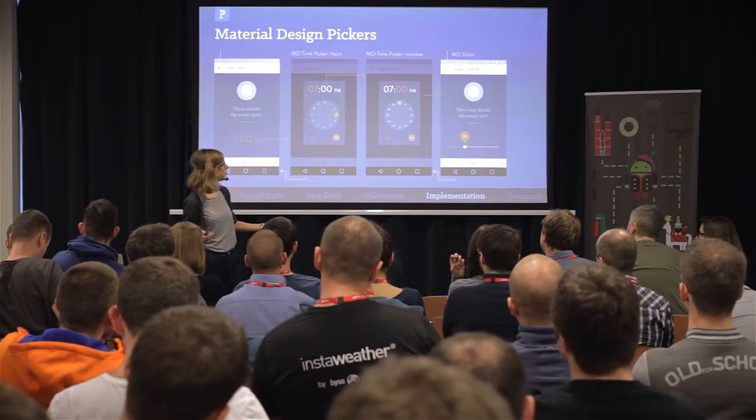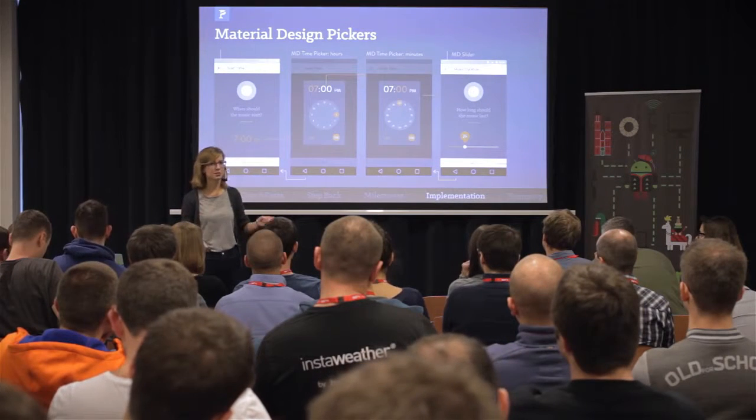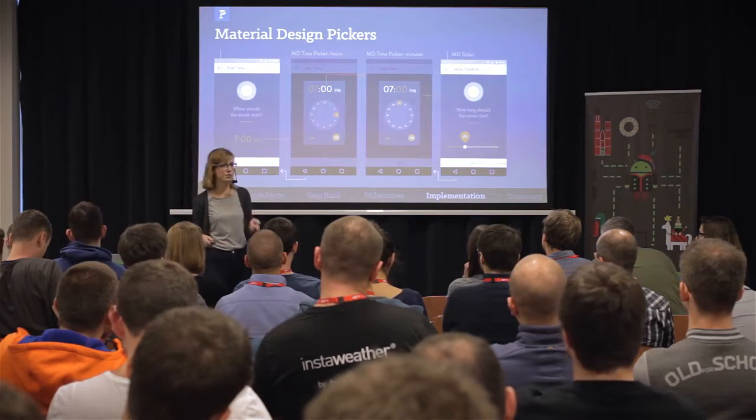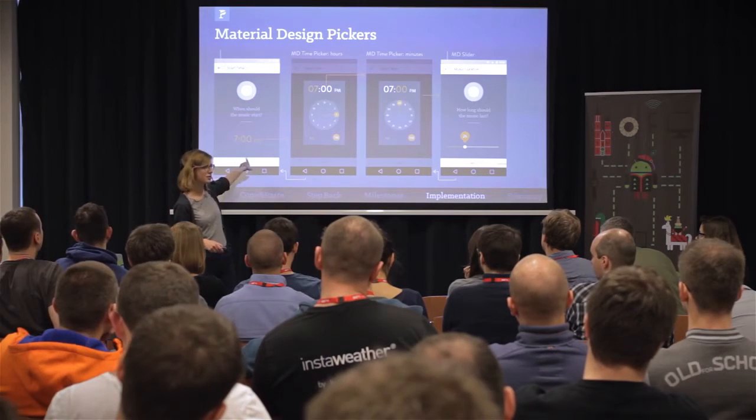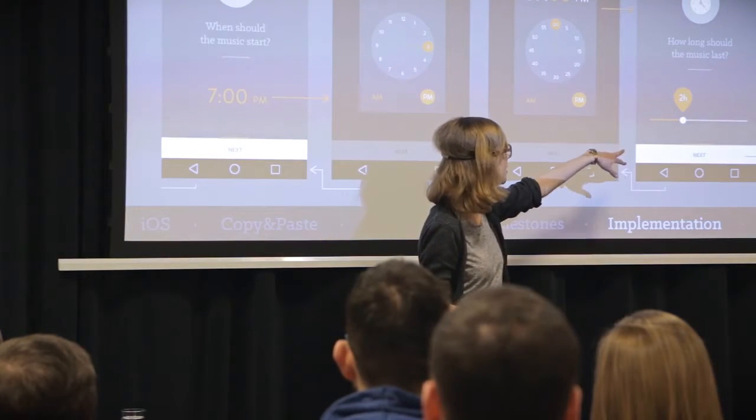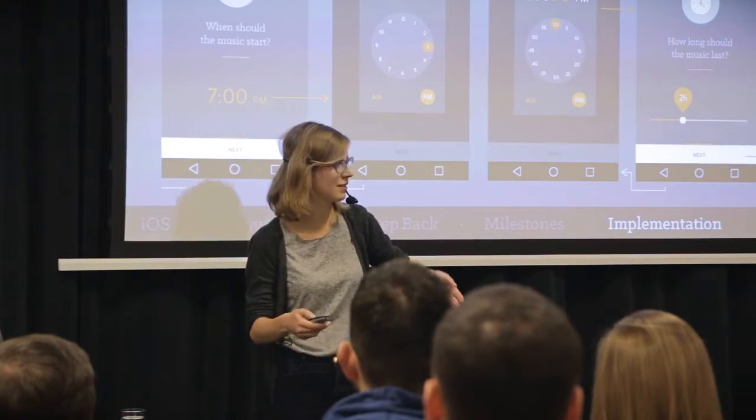And there is a lot of tapping around just to provide two pieces of information: one, the time that the event should start, and the second one, how long it should last.